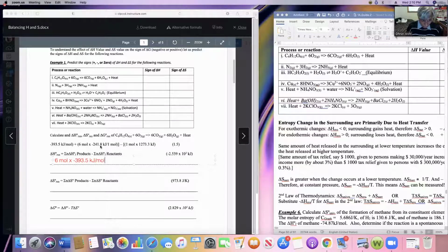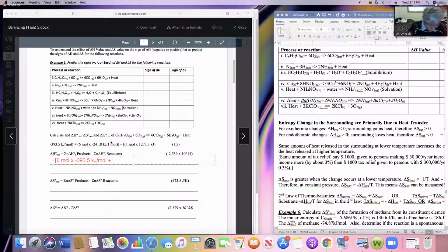And then we have water as the product, not water, water vapor. The gaseous water is a product. And that's the heat of formation of gaseous water. So you're going to multiply by 6 of those because 6 mole in the product part. Put it in the parenthesis, plus 6 mole of this.